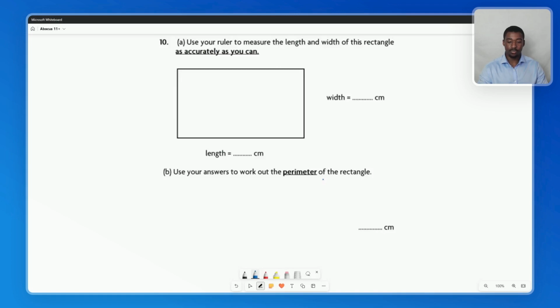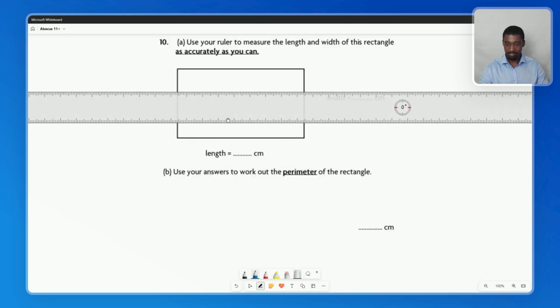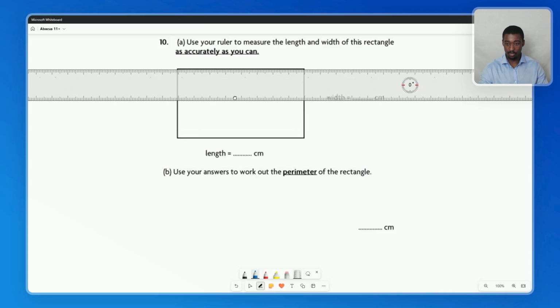Okay, so here for this question, we have to use our ruler to measure the length and width of this rectangle as accurately as we can. So let's do this. Of course, in your exam, you use your own real ruler, but here all we have is this makeshift ruler.